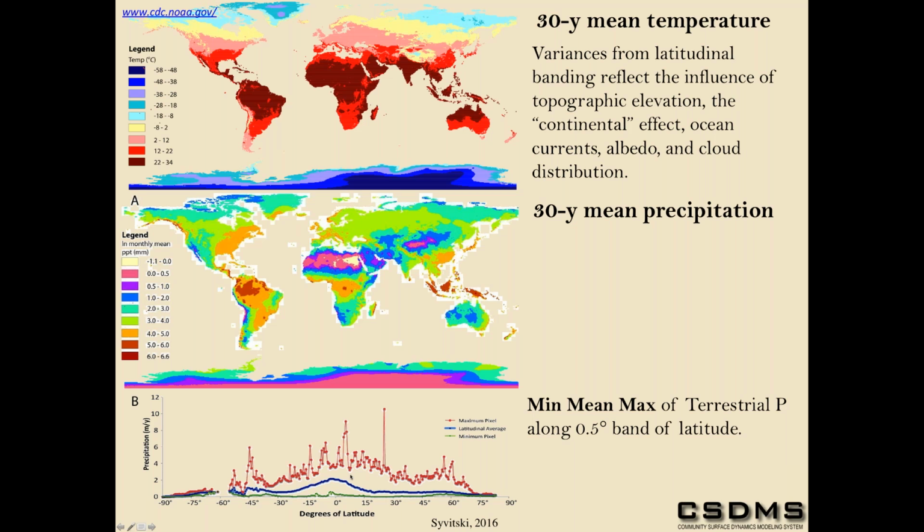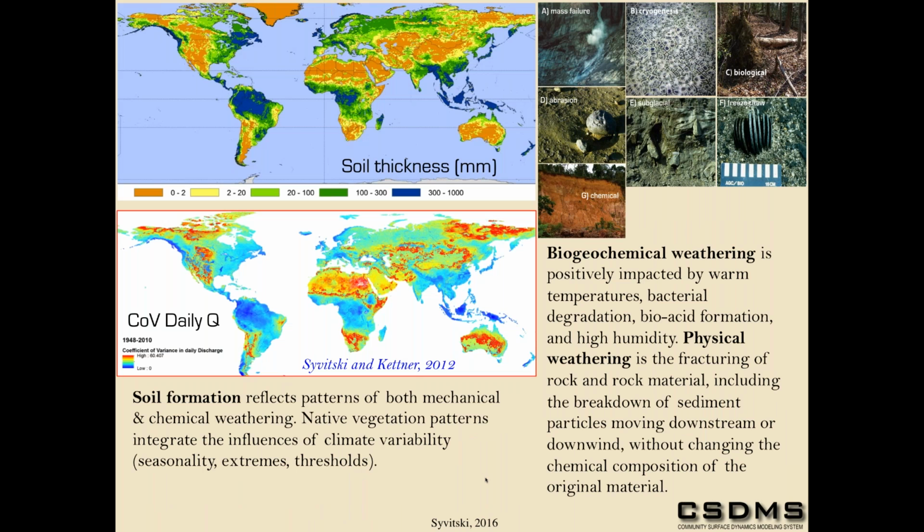And if you look at the bottom panel showing the minimum precipitation on any one of these terrestrial pixels, the mean in blue and the red showing the maximum values, you will notice that there are maximum precipitation places in almost every latitude, bar the very highest levels of the Arctic and Antarctic environments. So even in today's world, precipitation is not as nicely latitudinally controlled as temperature.